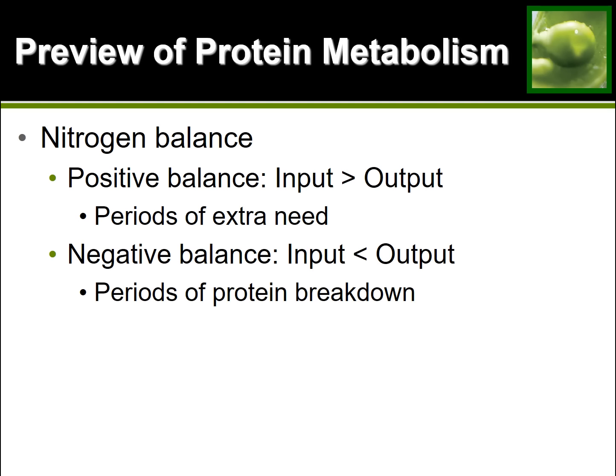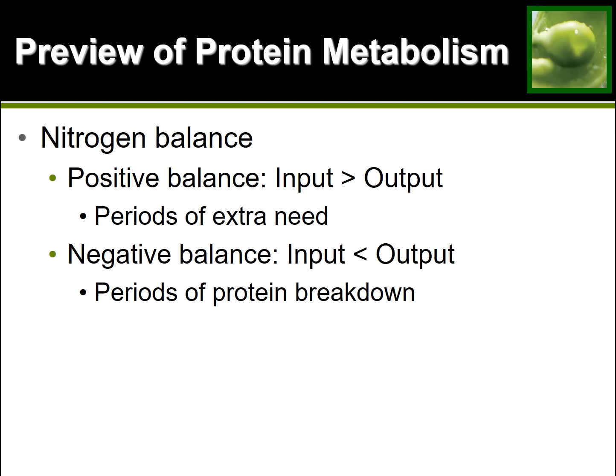Positive balance is when your intake of protein is greater than your output. So you're putting a bunch of protein into your body, but not all of it is being released, if any at all. Now, if you think about it, this is going to be in times when your body has an extra need for protein.